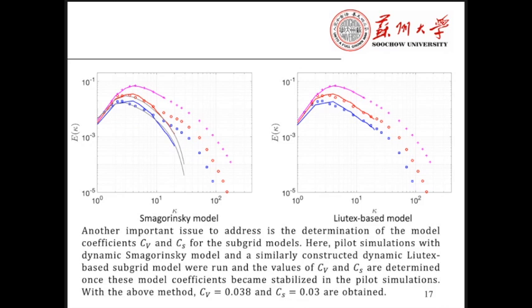Shown in the figure is the energy spectra obtained by the two subgrid models. The symbols represent the experimental results, while the colored lines are computational results.